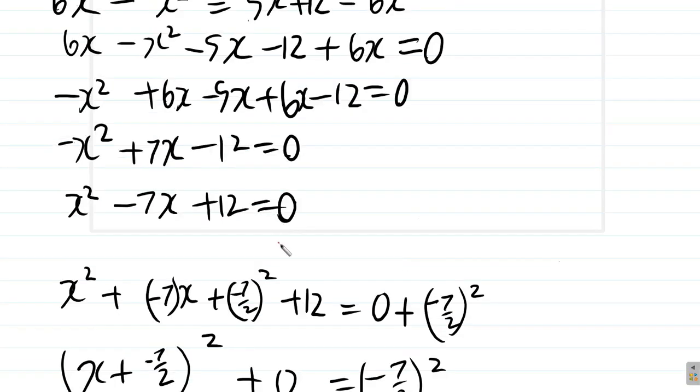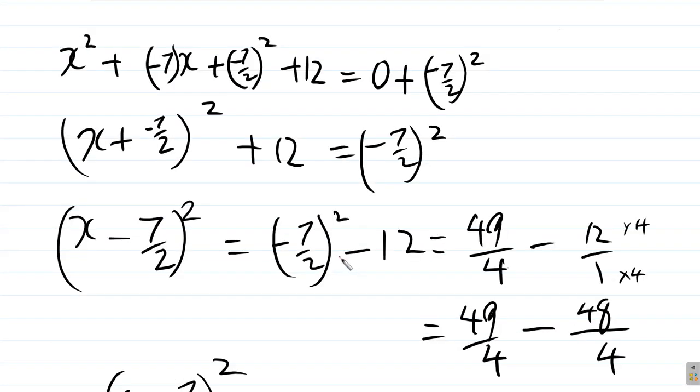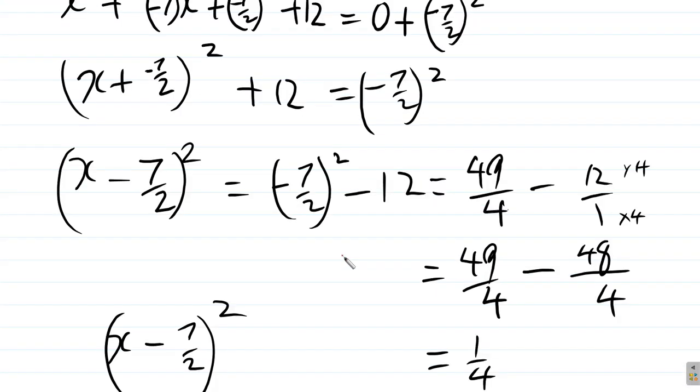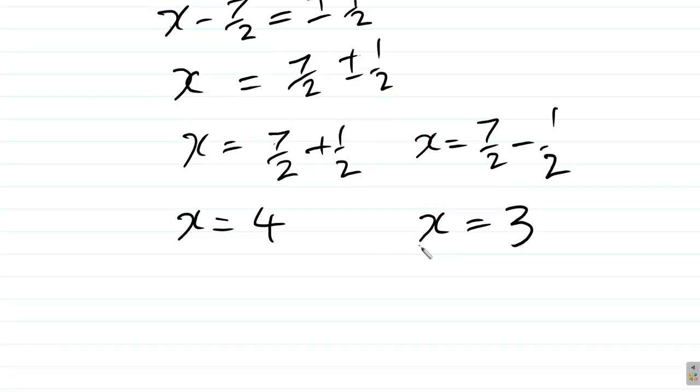You could have used a formula or factorization. It wouldn't really be reasonable to use any graph, even though that's one method you can use to solve a quadratic. But you could have quickly, if you remember the formula, used it or used factorization, but I just chose to use completing the square to review our completing the square method, and you get x equal 4, x equal 3.